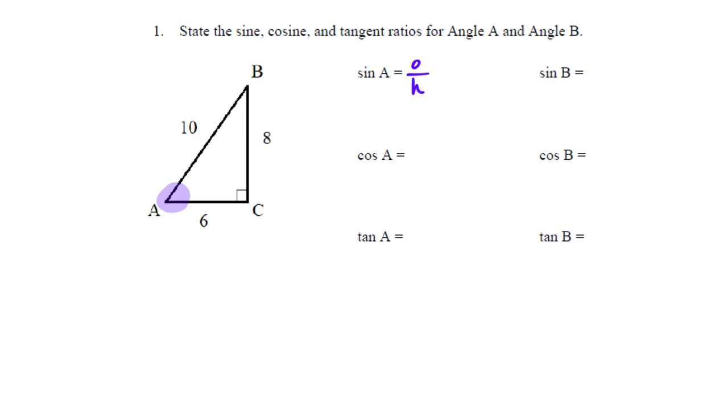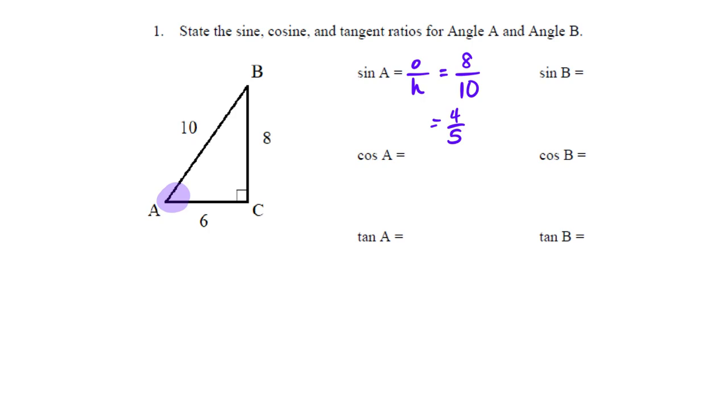So my sine is going to be my opposite side 8 over my hypotenuse 10. From angle A, that is the side that is opposite, 8. My hypotenuse never changes. Okay, hopefully we match up. We reduce that fraction, 4/5, and we are good.